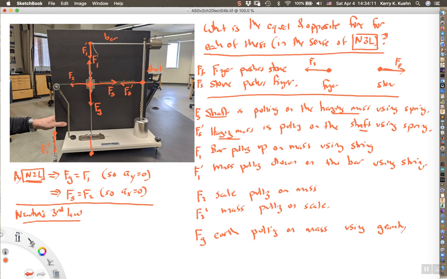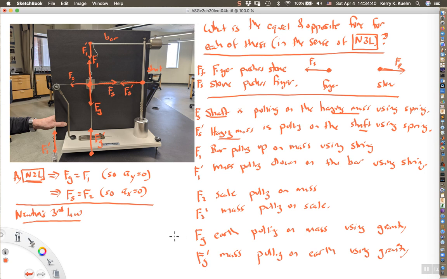Well, that mass is pulling up on the Earth using gravity. So Fg prime is the mass pulling on the Earth using gravity. So just as gravity pulls down on this mass, so too gravity is pulling up on the Earth, because this object is attracting the Earth.